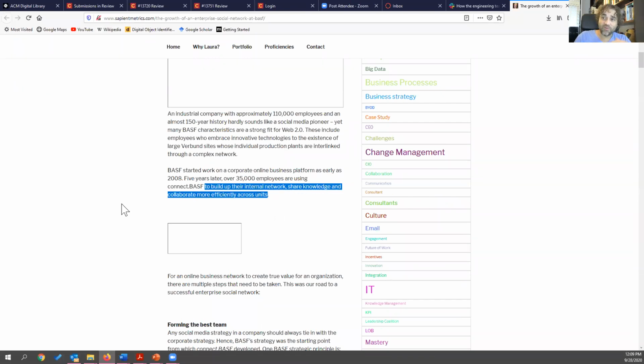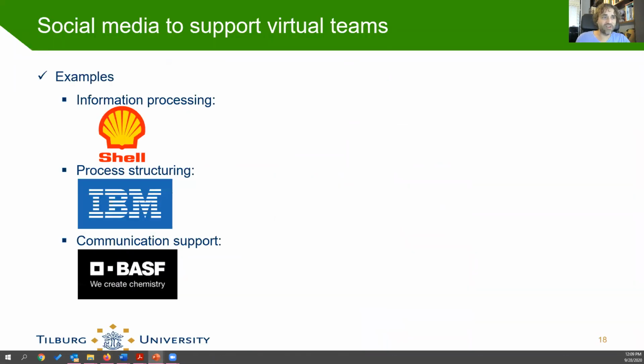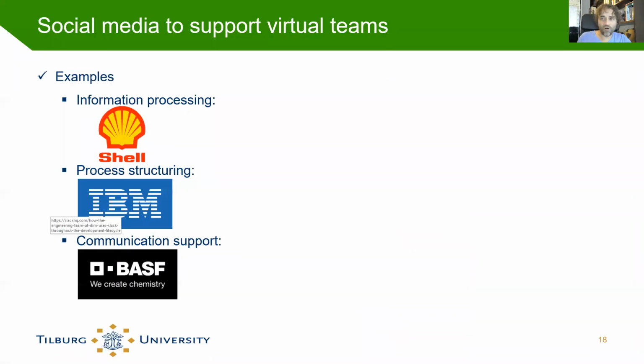So they specifically want to set up social media in such a way that it allows people to communicate across organizational departments. They want to set up a network of practice, and they focus specifically with the use of social media on offering communication support.